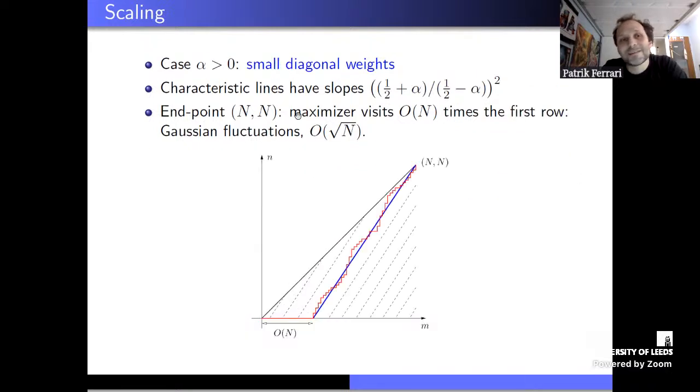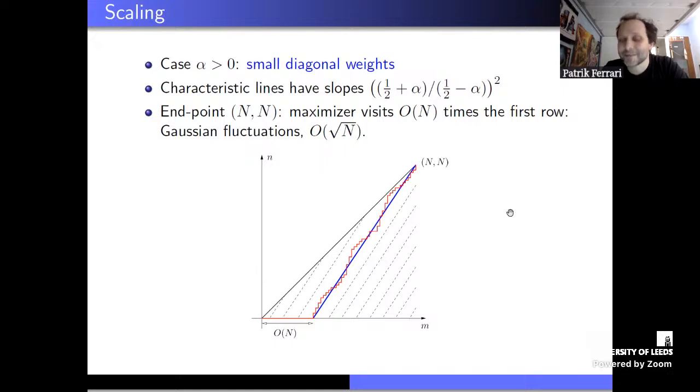So the other case is when alpha is more than 0. Now the line where there is a non-trivial correlation has a slope which goes away from the diagonal, but then even if you start at the diagonal, this maximizer will touch the horizontal line here at a distance of order n, and after that they have to go back to 0, and here it is really a sum of IID random variables, and you have order n of them.